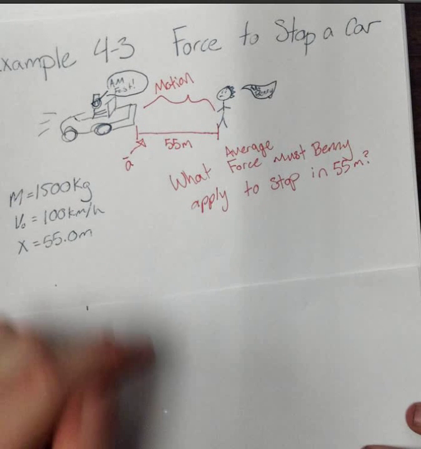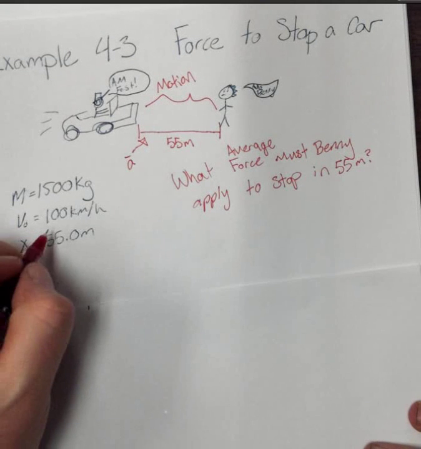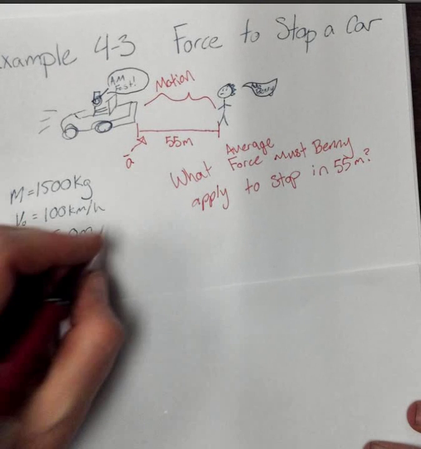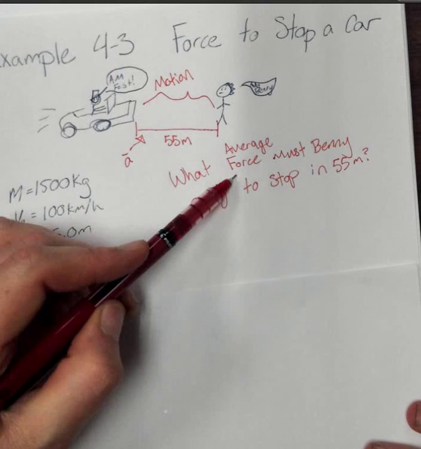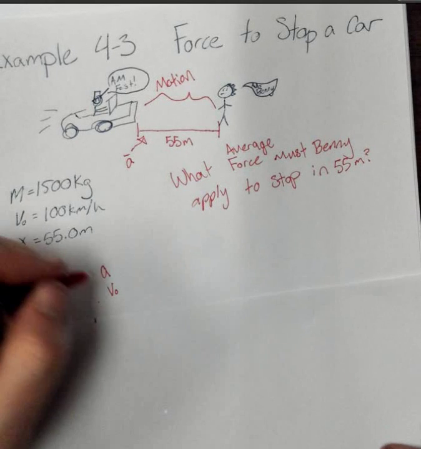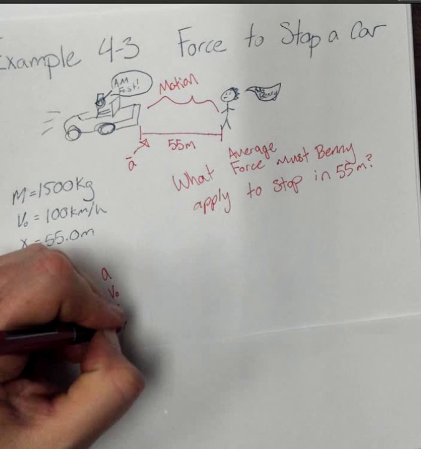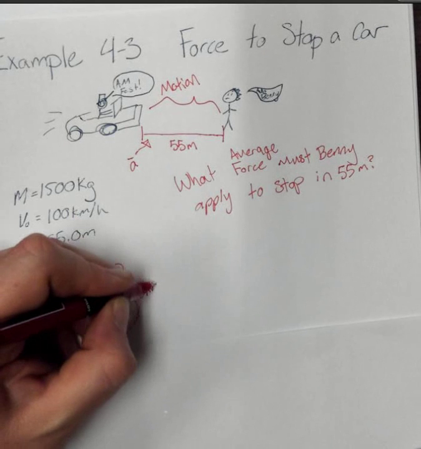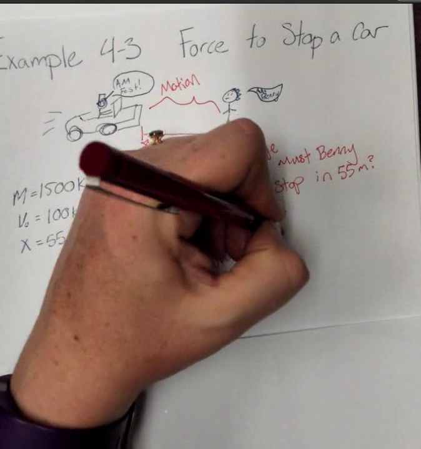So, if Benny is going to stop in 55 meters and his initial velocity is 100 kilometers per hour, then we need an equation that's going to give us the relationship between acceleration, which we need in order to determine the average force, our initial velocity, since that's a given value, our final velocity, because we want Benny to be stopped there, and our position. So seeing as these are our givens, we don't really care about time.